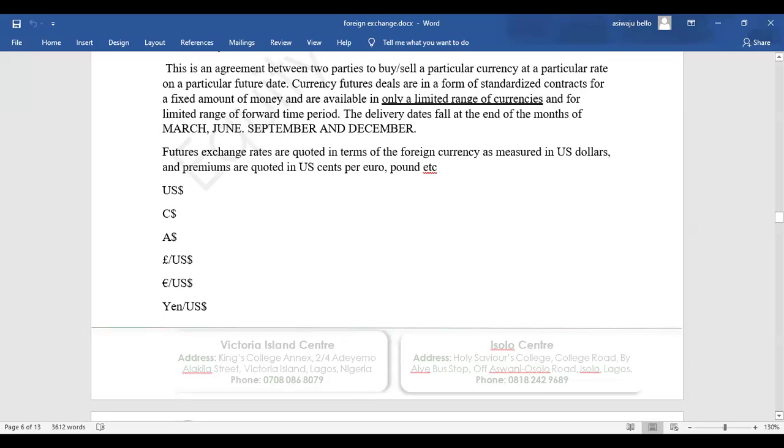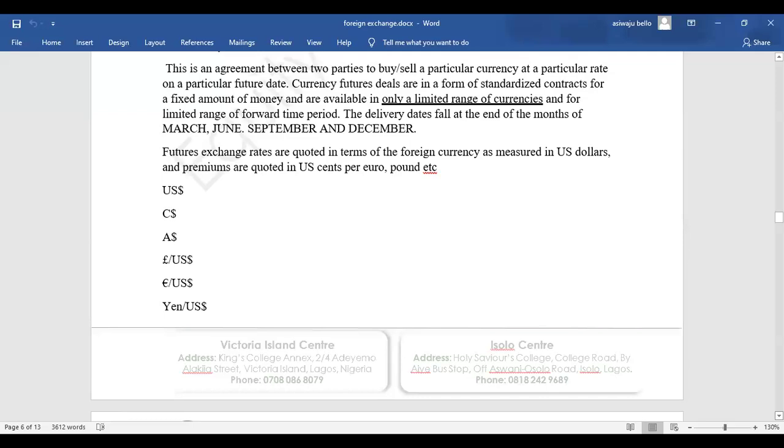Unlike the 3 we have explained, currency options is an option, a right, but not the obligation, to buy or sell a specified amount of foreign currency at a predetermined exchange rate.